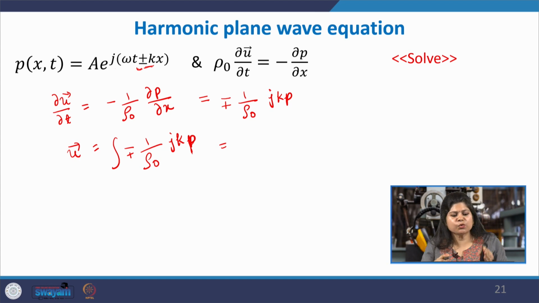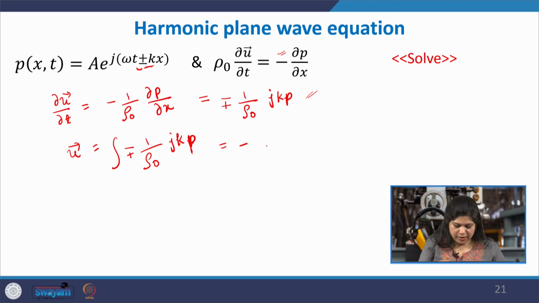So, suppose it was omega t plus kx, we have plus multiplied by plus. If it was minus, it would be minus while differentiating, the constant coming outside would be minus. Again we integrate it, we get a minus. So, twice we multiply, so the sign will remain intact, which means that if it was negative in the beginning, it will be negative afterwards as well.